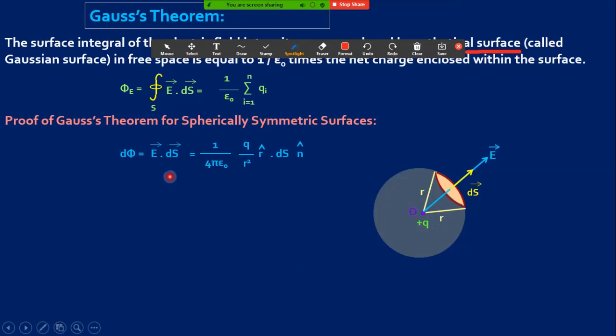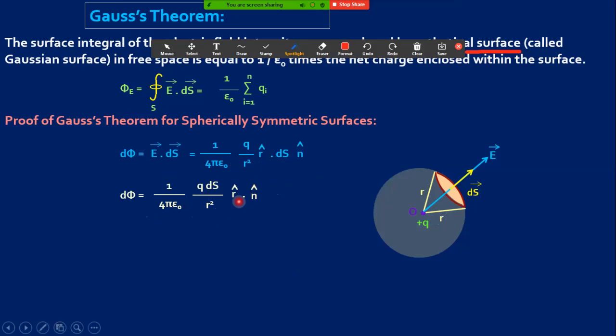So E ds is equal to 1 divided by 4 pi epsilon naught q by r square, and this is the vector form of electric field intensity. That's why r cap is multiplied here dot ds n cap. d phi is equal to 1 over 4 pi epsilon naught q ds over r square.